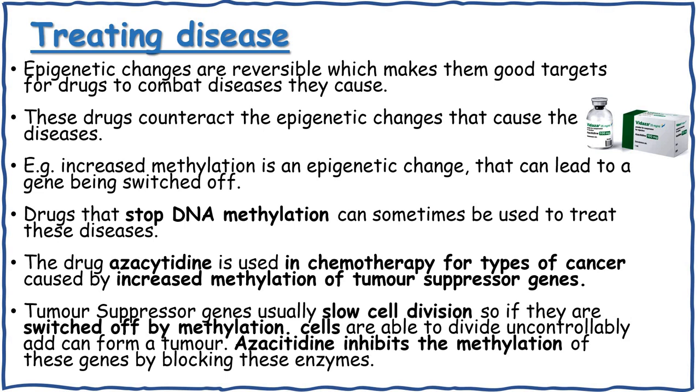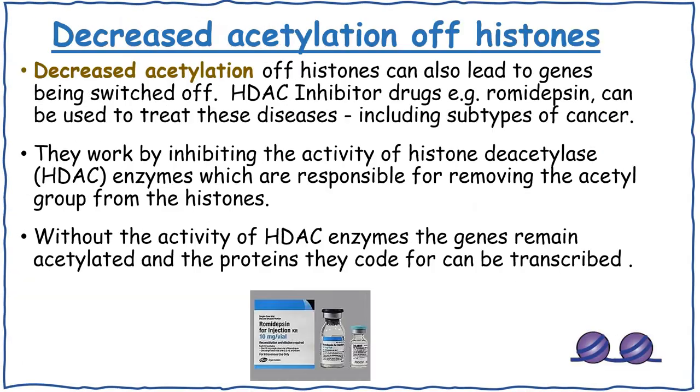The drug acetylation is used in chemotherapy for types of cancer caused by increased methylation of the tumour suppressor genes. Tumour suppressor genes usually slow cell division, so if they're switched off by methylation, the cells are able to divide uncontrollably and can form a tumour. Acetylation inhibits the methylation of these genes by blocking these enzymes.